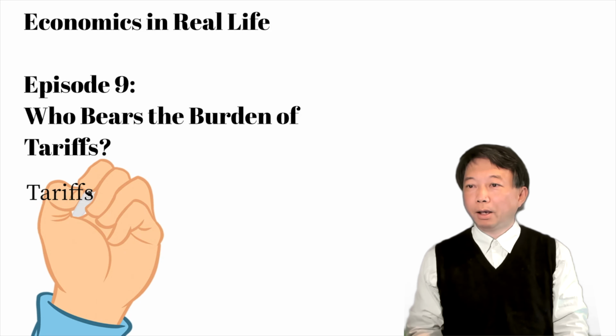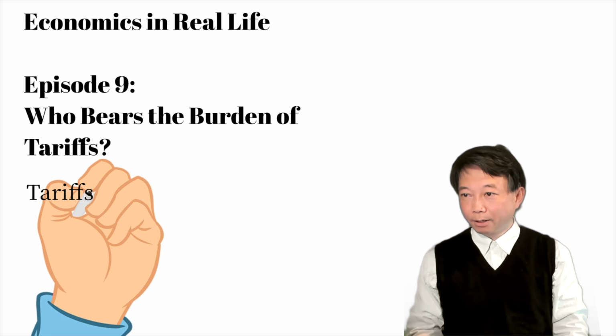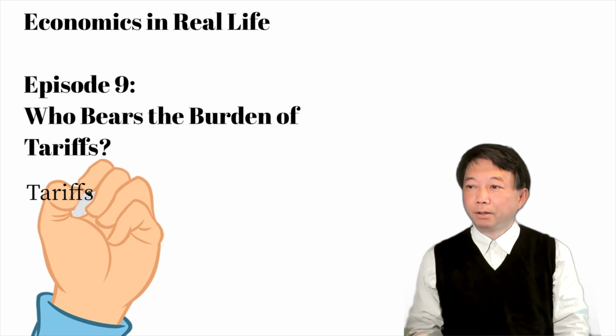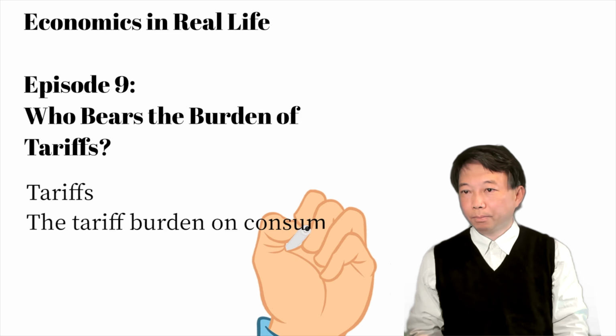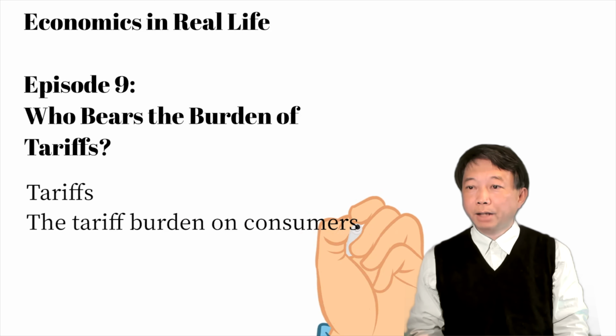Tariffs can be seen as a special type of sales tax on goods, applied exclusively to imported products and paid by firms. The tariff burden on consumers is the share of the tariff that consumers pay.